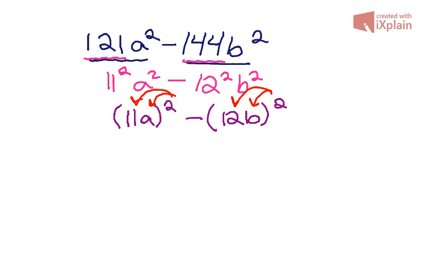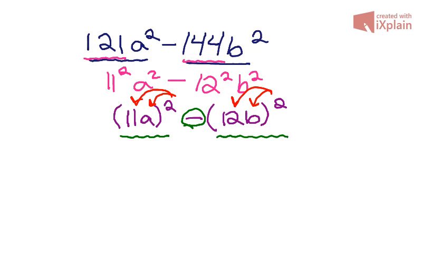So that's why we're able to write this, what I have listed in purple, in that way. So again, we have 11a squared minus 12b squared. What I'm essentially saying is I have a squared term minus a squared term. So this must be the definition of the difference of squares.